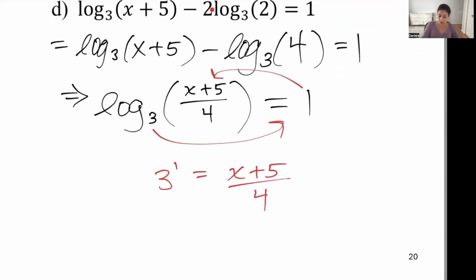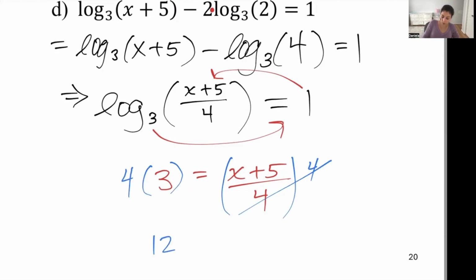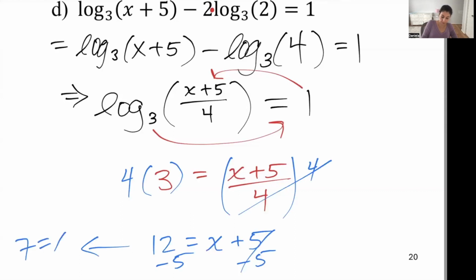Now what's left is to simplify. 3 to the first is 3. Then we can multiply both sides by 4. So that's 12 is equal to x plus 5. Finally, we subtract 5 on both sides and get our final answer: x equals 7.